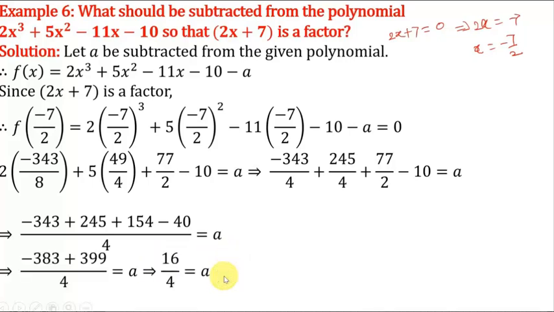Next simplification, a is equal to 16 upon 4, and hence the value of a is equal to 4. That is, 4 should be subtracted from this polynomial so that 2x plus 7 will be a factor of that polynomial.